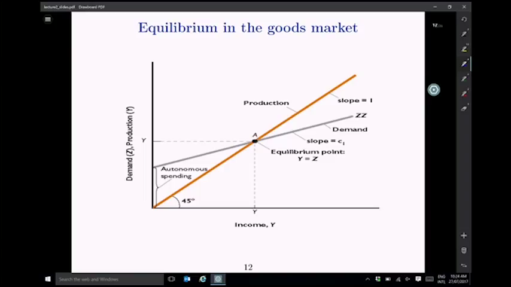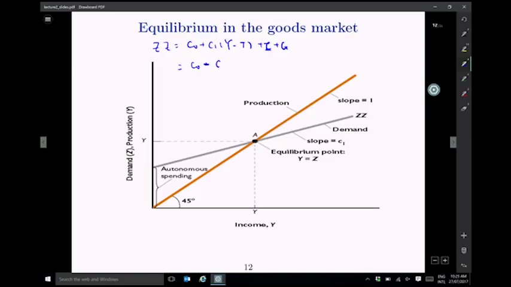And moreover, if you look at aggregate demand this way, this is the expression for aggregate demand, and it is also a function of aggregate income in the following way. We can collect terms that relate to aggregate income and those that do not.